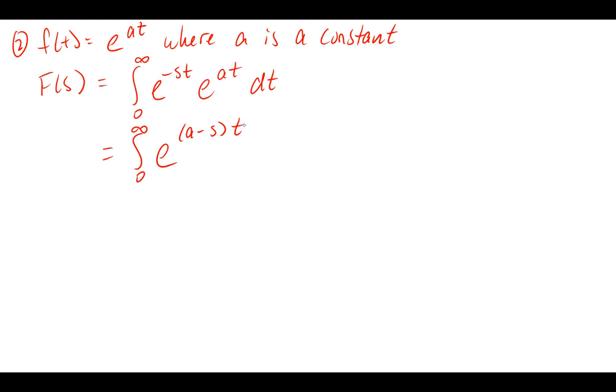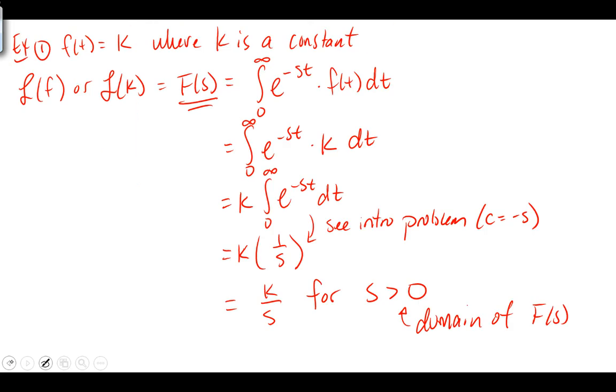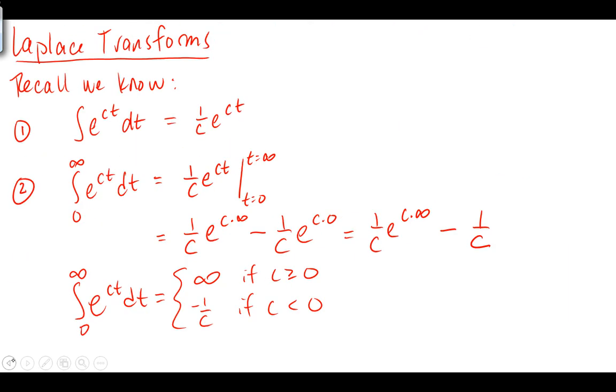This is just algebra, putting those together as a common exponent, which means you add the exponents, and since they both have a t in them, I'm going to factor out the t. And so I'm left with this, which once again looks an awful lot like our little intro problem, where I said if you have e to the any number times t, you simply get negative 1 over that number, provided that that number is negative.